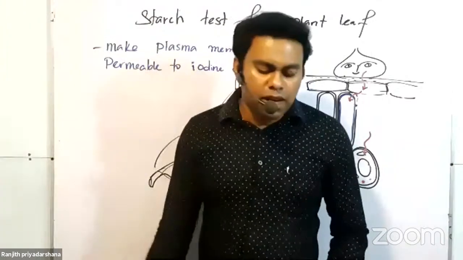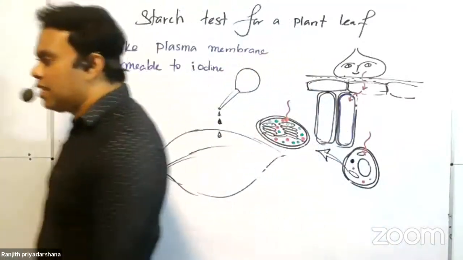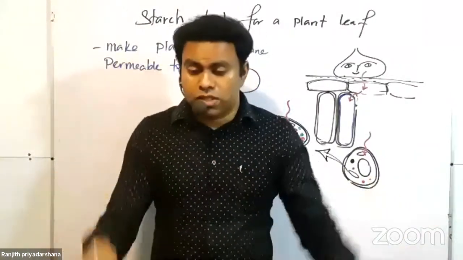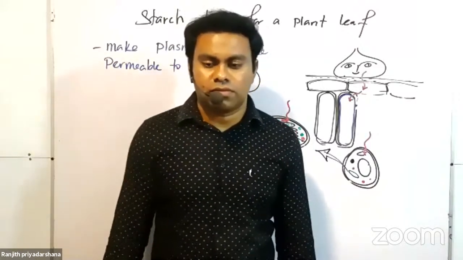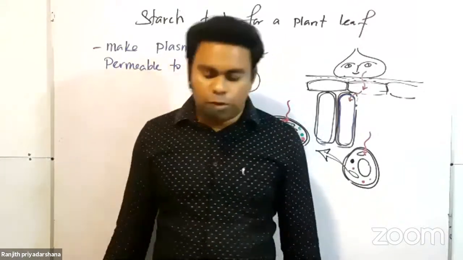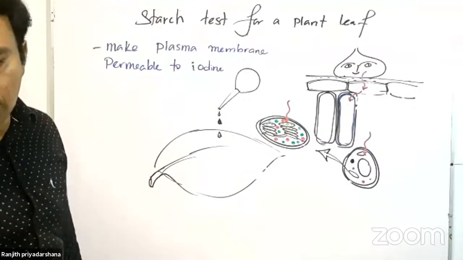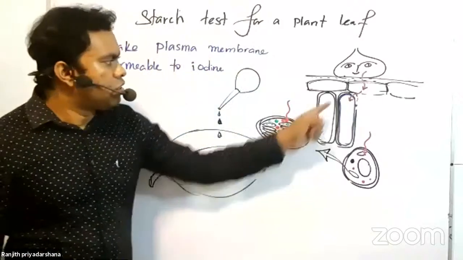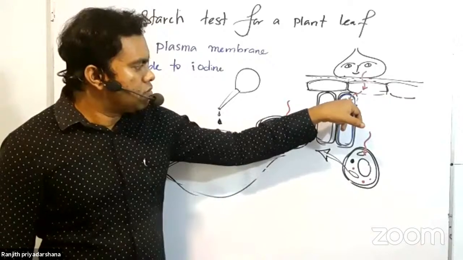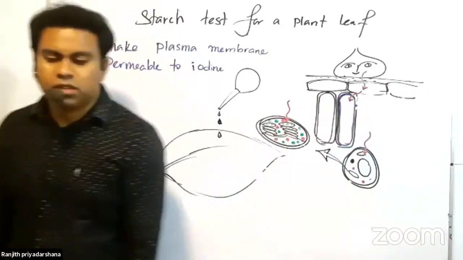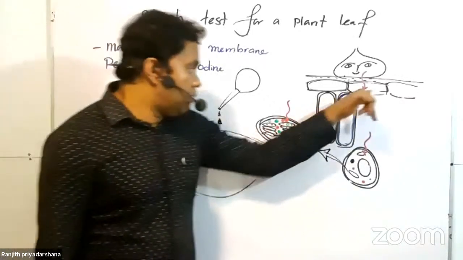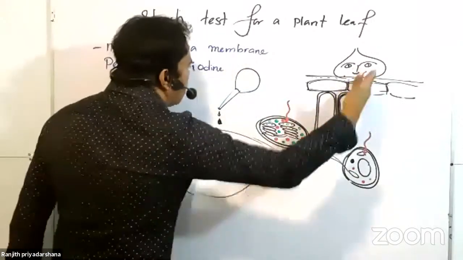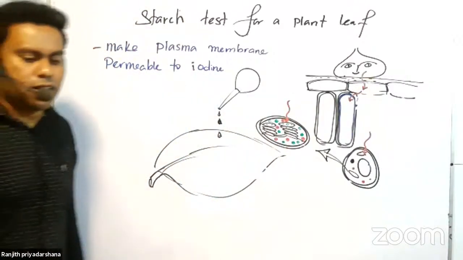The plasma membrane of a living cell does not allow any foreign chemical substance to diffuse across it, into the cytoplasm.